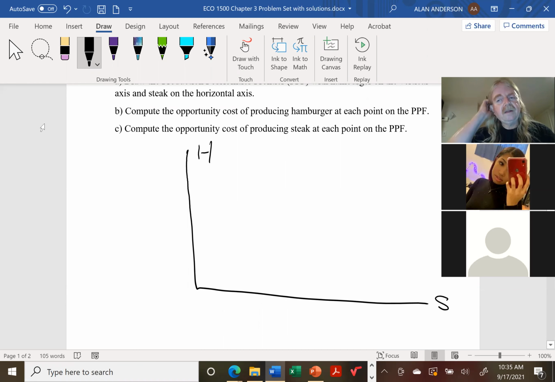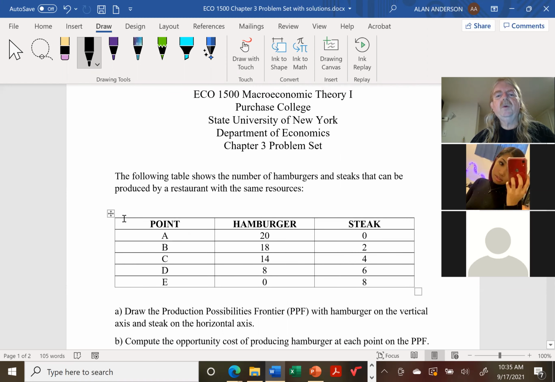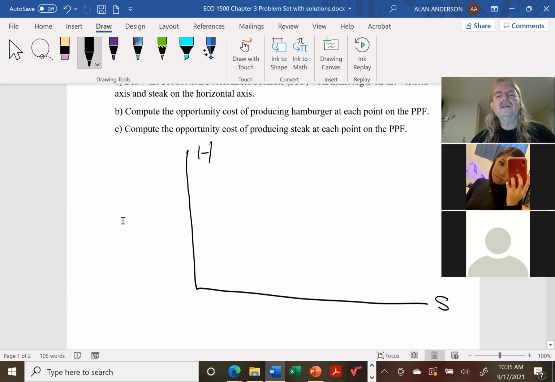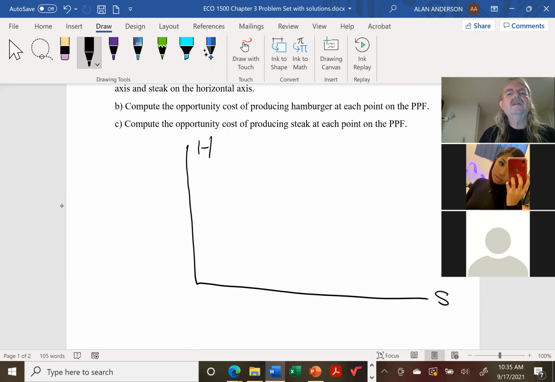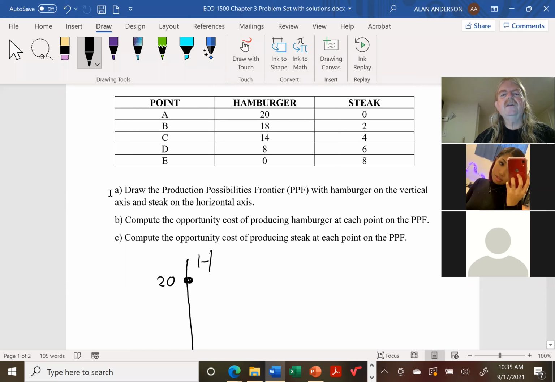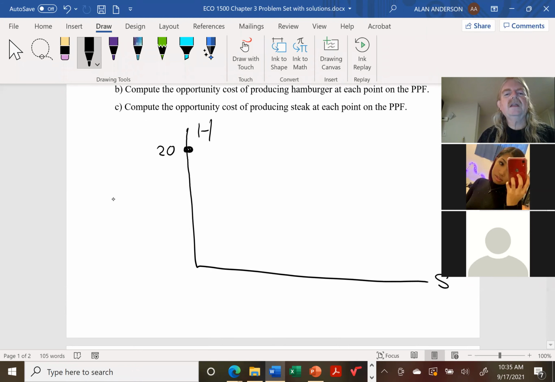And so we can pick some of the extreme points here. For example, point A means 20 hamburgers and no steaks. That would be, let's say, here. And then if you move down to point B, you'll have 18 and 2. So let's say that's right about here.